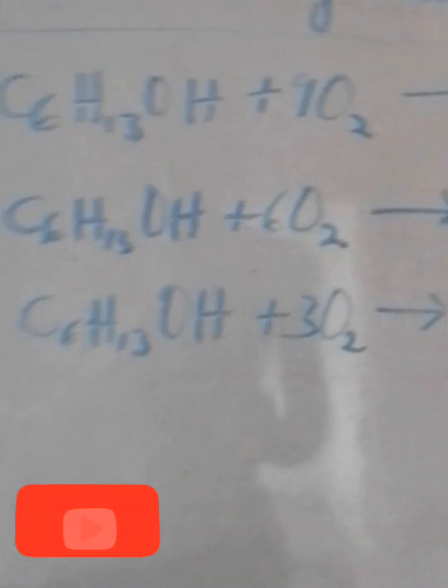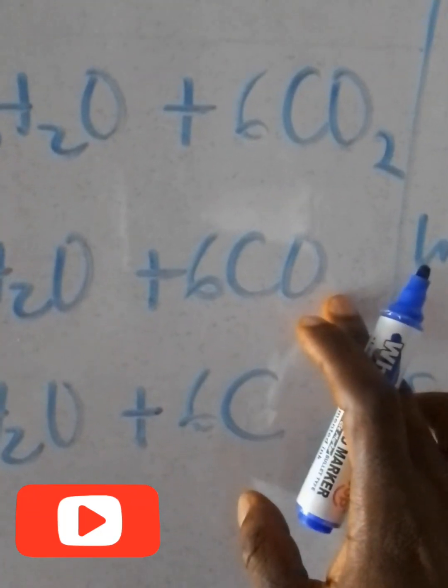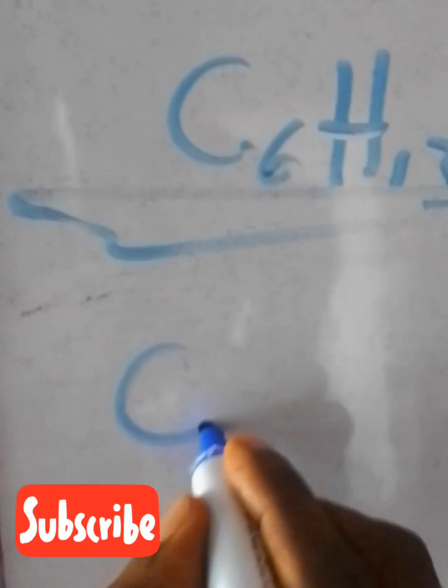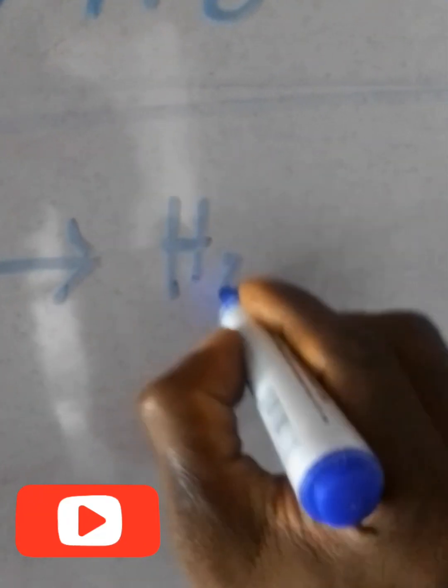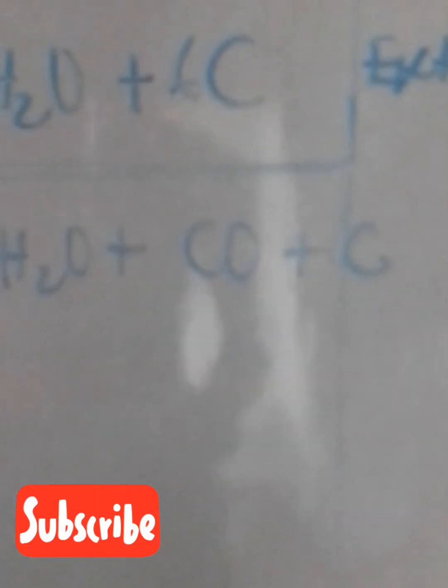Now, sometimes we have a combination of carbon monoxide and elemental carbon in an insufficient amount of oxygen. We can have C6H13OH plus O2, where we have water plus carbon monoxide plus elemental carbon.